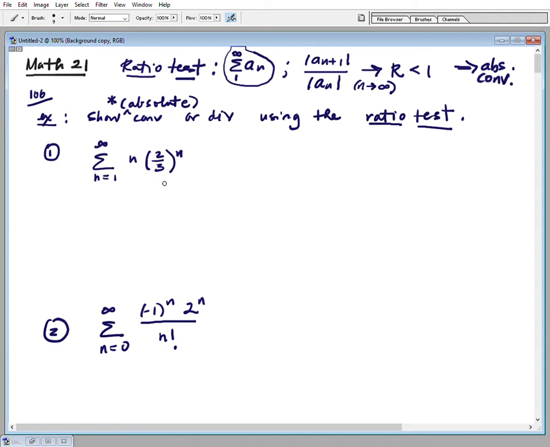This is a typical series where the ratio test can be applied. I won't use absolute values here because everything is positive. We're just looking at the n plus first term divided by the nth term.